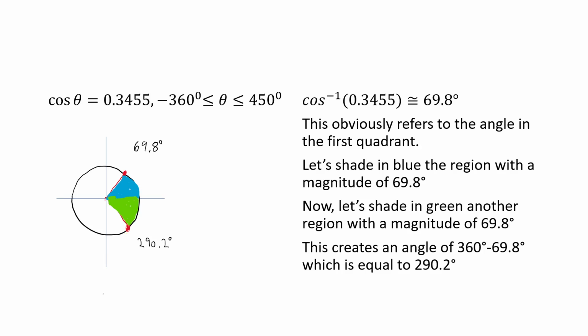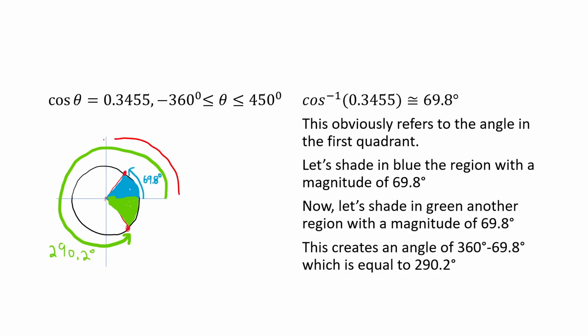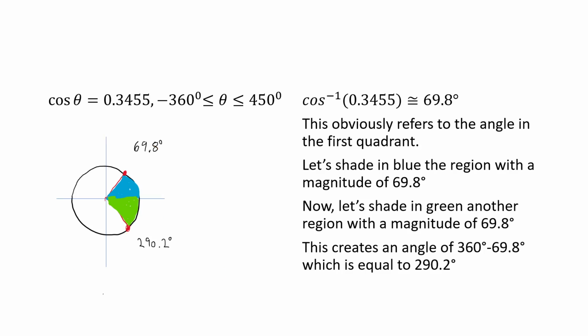Now, if I go all the way around the circle, what I've just done is I've gone a full 360 counterclockwise, but then backed it up and went clockwise 69.8. So that would be like doing a full 360 counterclockwise and then going backwards 69.8 degrees, which would get me to 290.2.